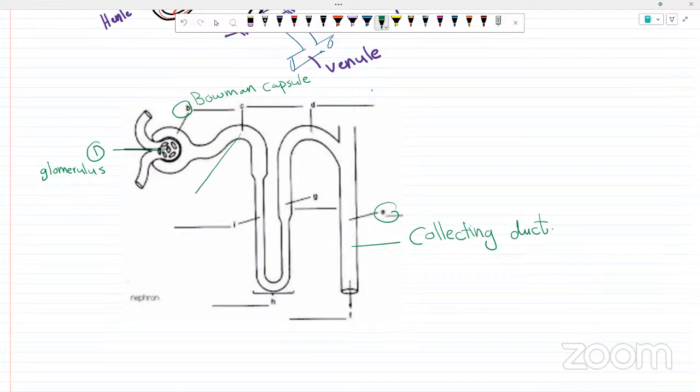This one, C. No, not venule. This coming after Bowman capsule, it's the proximal convoluted tubule. Our first convoluted tubule.